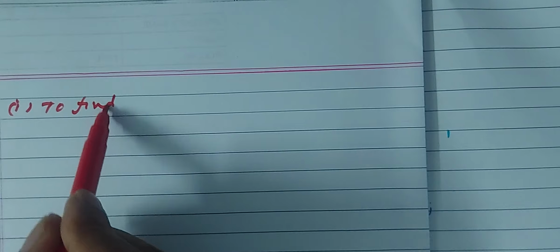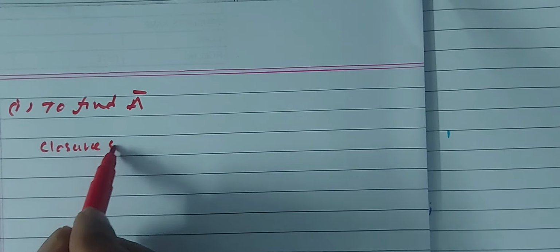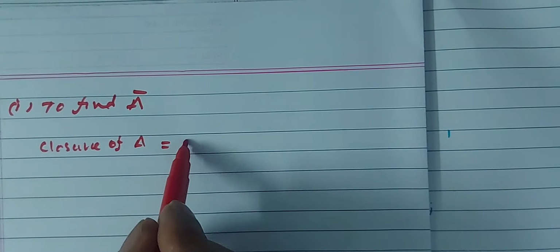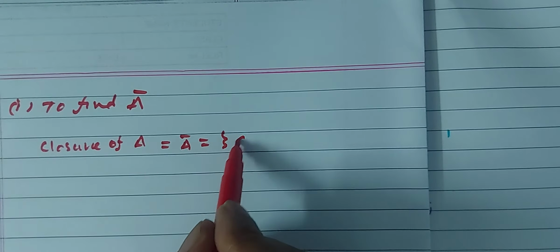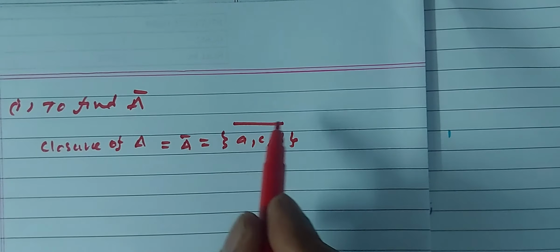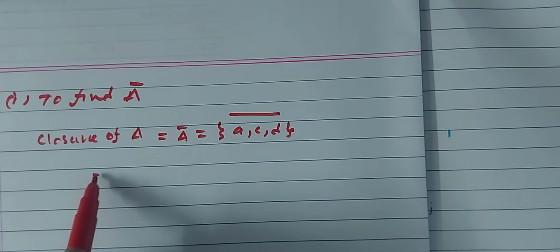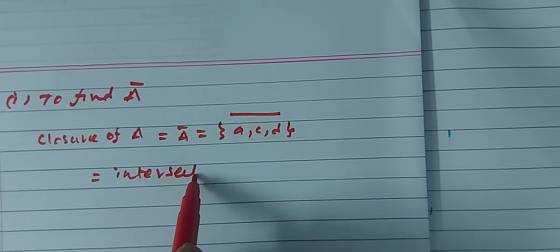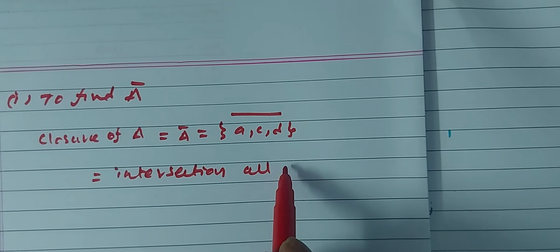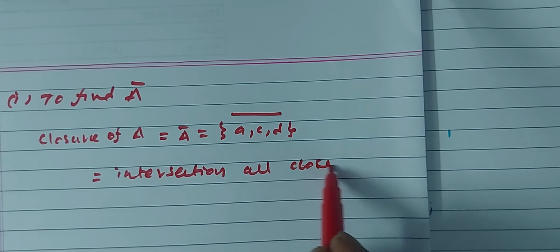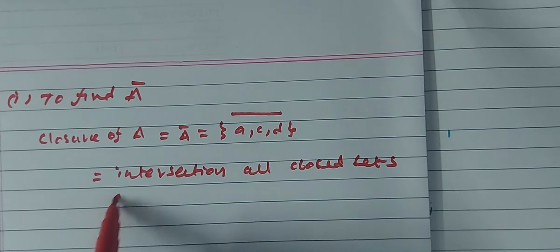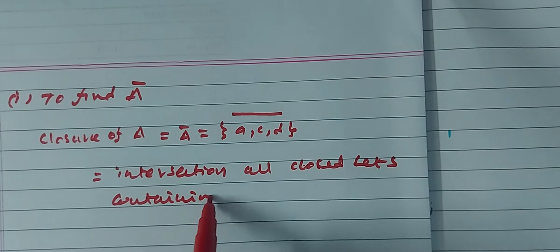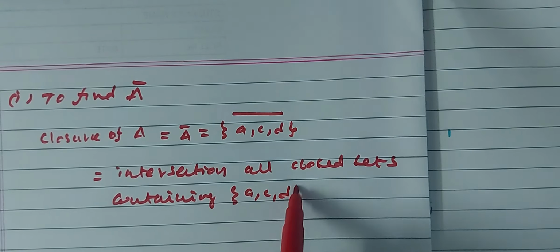Next, first one, to find A bar, the closure of A. A bar, the closure of {a, c, d}, is the intersection of all closed sets containing {a, c, d}.